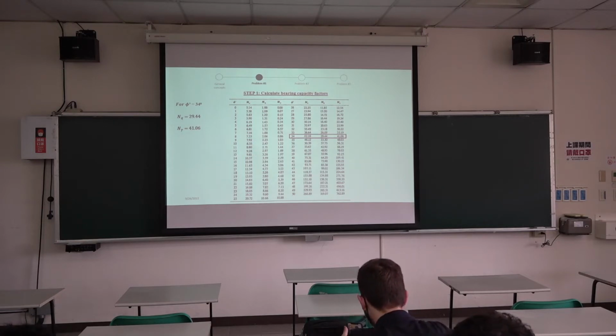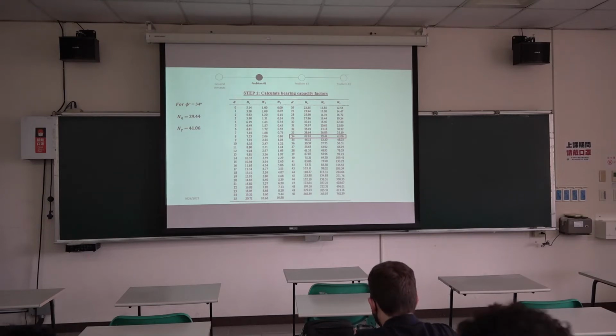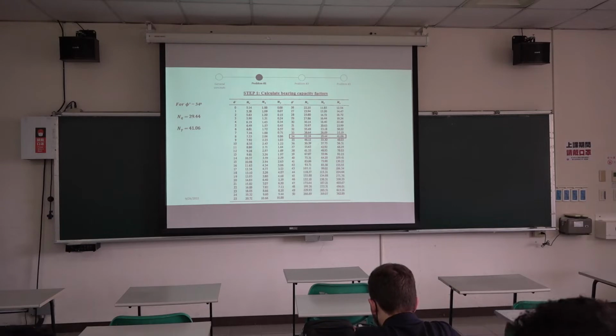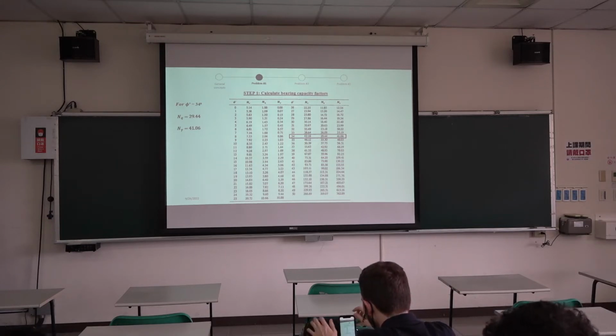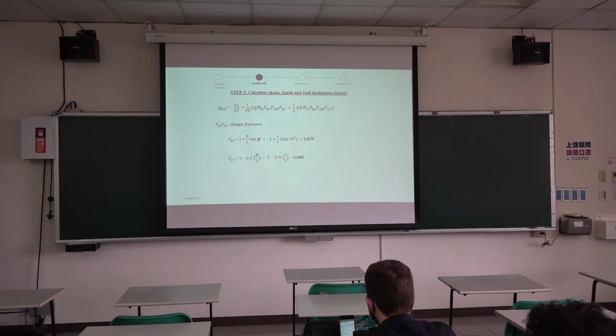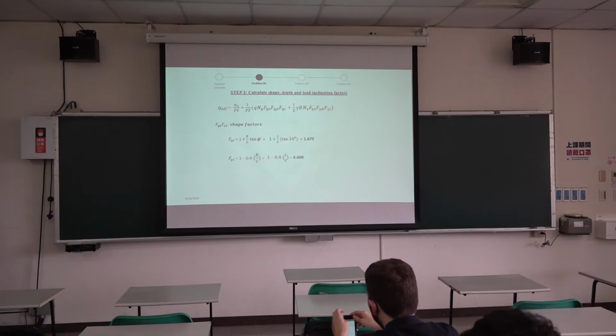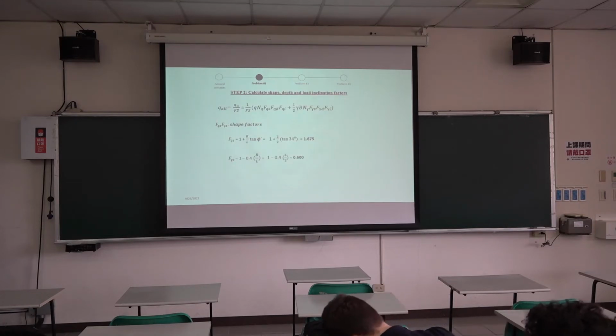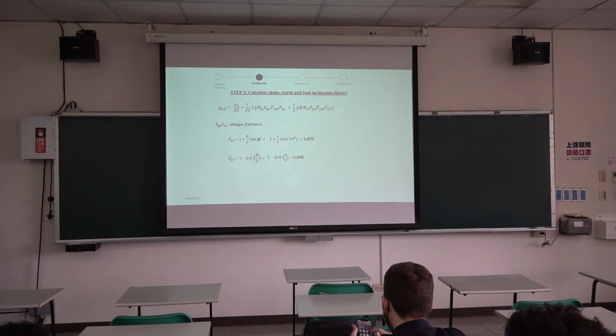Remember, Nc belongs to the first term of the equation, which we cancelled, so there's no need to look for Nc in our case. Because the friction angle is 34, we have Nq as 29.44 and N gamma as 41.06.